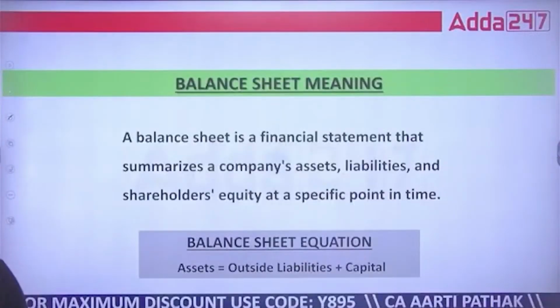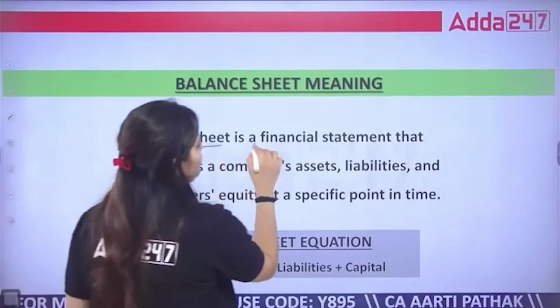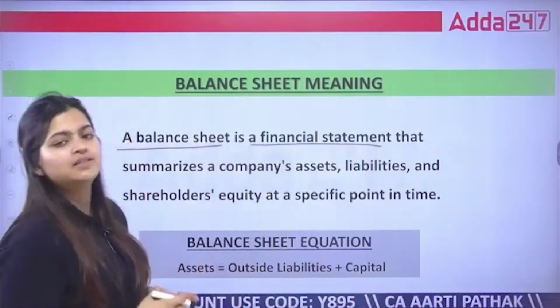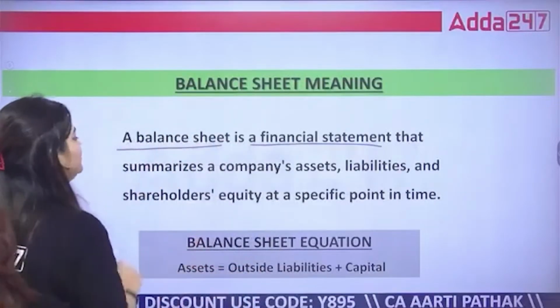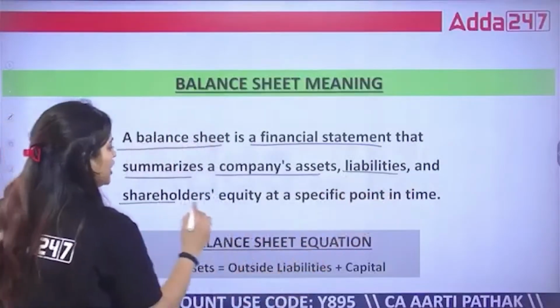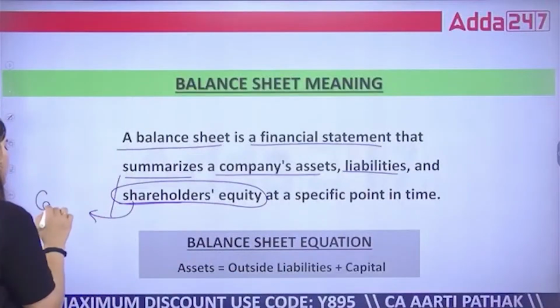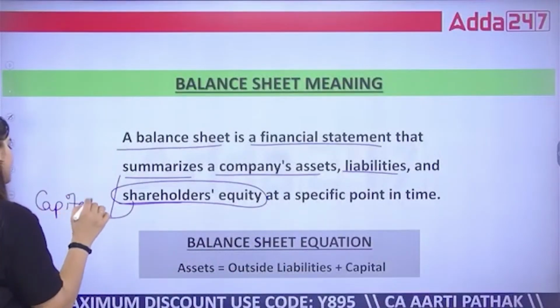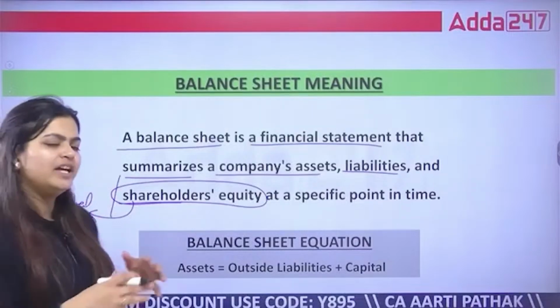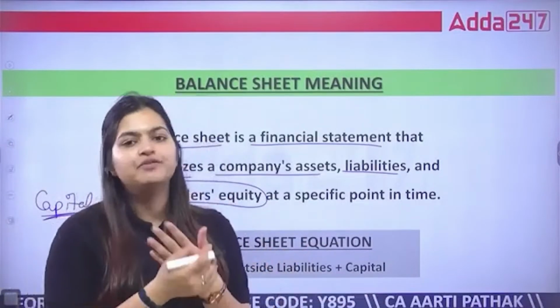So first let's see the balance sheet meaning. A balance sheet is a financial statement that summarizes a company's assets, liabilities and shareholders' equity. Shareholders' equity, for the time being, use capital. We are starting a small new business, so we are the only owner, we are the only ones investing.